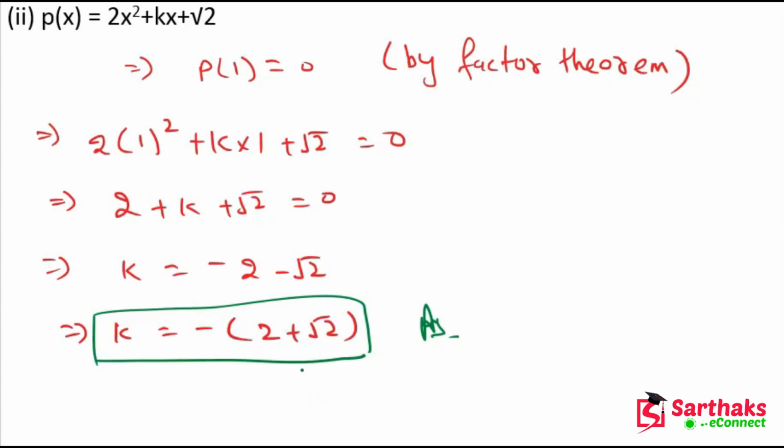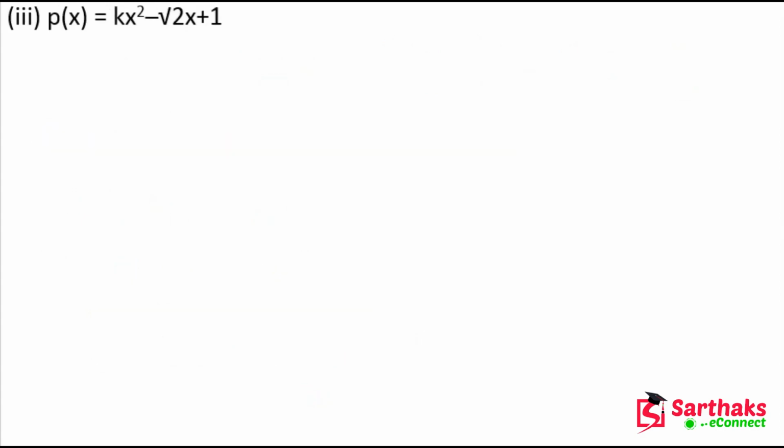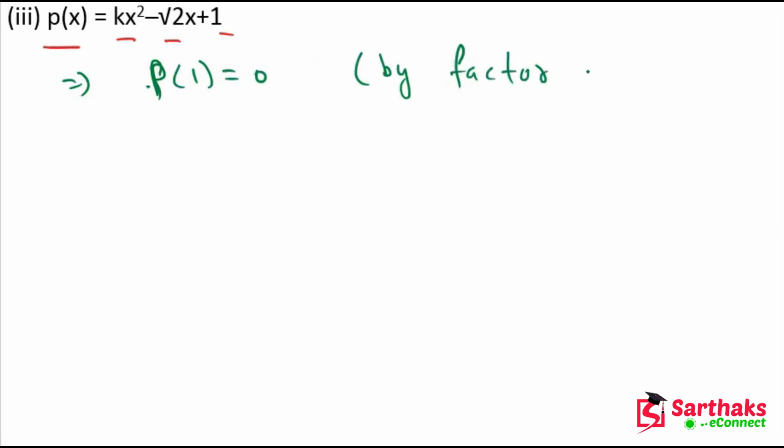Now let's move on to the next question, where we have p of x equals k x square minus root 2 x plus 1. We have p of 1 equals 0 by the factor theorem, because x minus 1 is a factor of this polynomial.